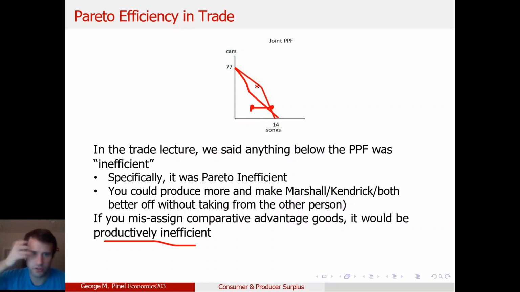So that is a case of both. It's a case of Pareto inefficiency because you're productively inefficient. So they're related terms. You can be Pareto inefficient and productively inefficient, Pareto inefficient and allocatively inefficient, or some combination thereof.